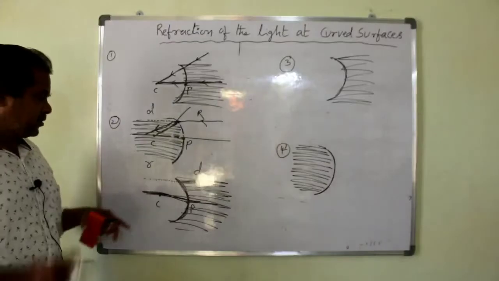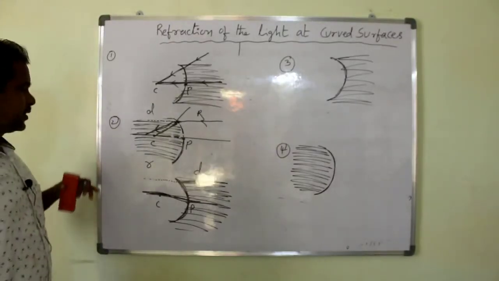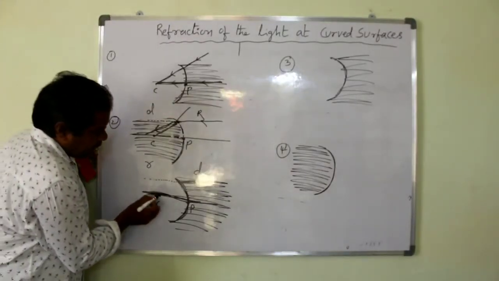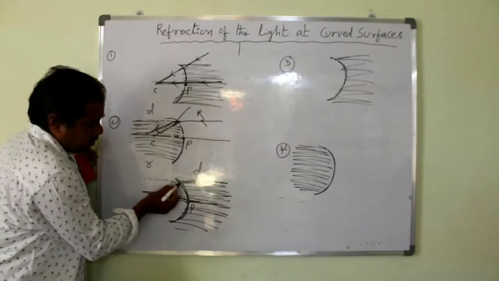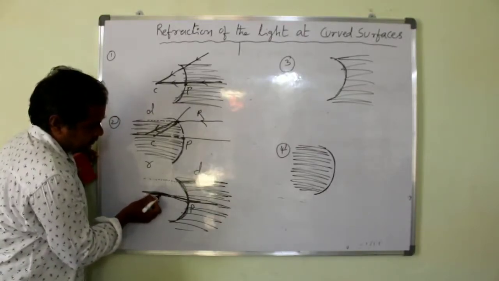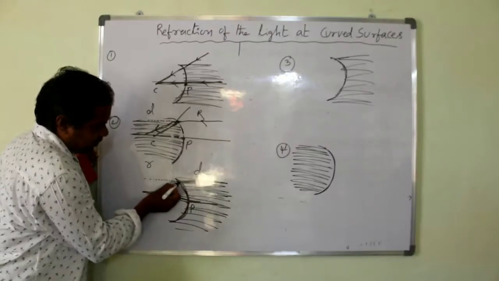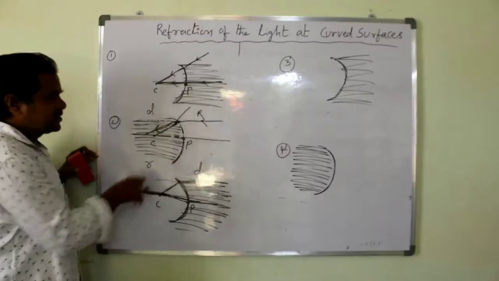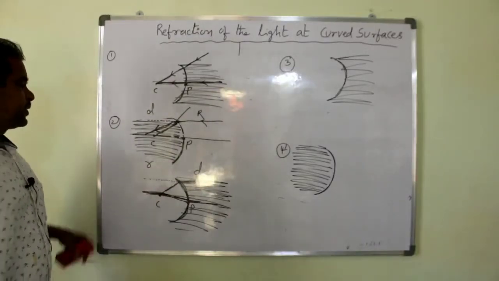If you draw this line, you understand very clearly, very easily. Immediately you have to draw one normal to this point of contact. That is nothing but the radius. Draw one radius from the center of the curved surface to the point of contact where the incident light ray interacts.